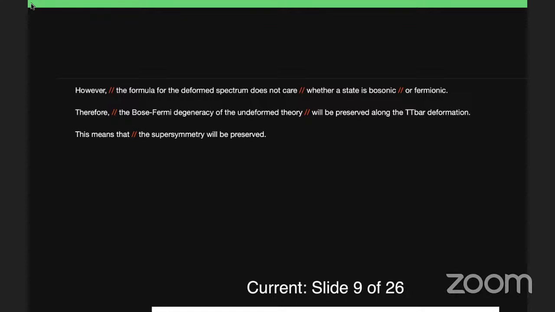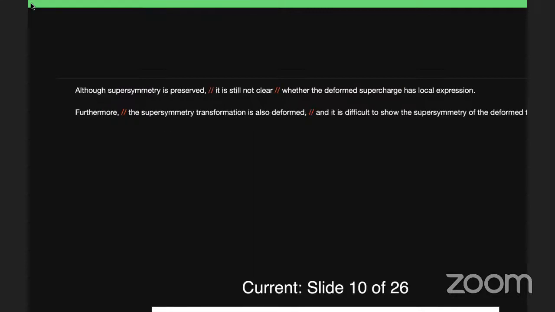Whether it's bosonic or fermionic, they follow the same formula, and this means that the Bose-Fermi degeneracy of the undeformed theory will be preserved along the deformation, and because the degeneracy is preserved, the supersymmetry will be preserved.